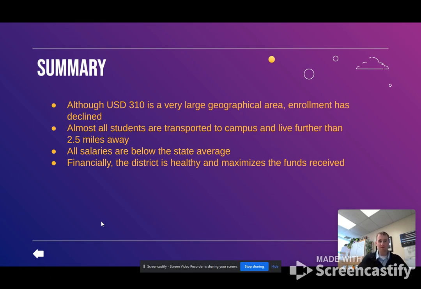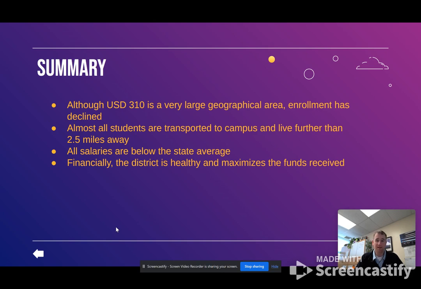So summary, although USD 310 is a very large geographical area, our enrollment has declined. Being from around this area, I know when I was in high school in the early 2000s, this was still a small 3A, moved down to 2A.